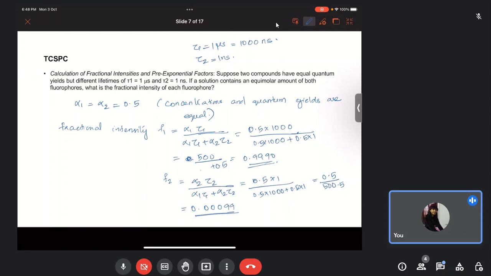Okay, so we can approximate this as 0.999 and this as 0.001. So this is going to be the fractional contribution of these two different fluorophores towards the steady state intensity, given different lifetimes, if both of them are mixed equimolar in a solution.